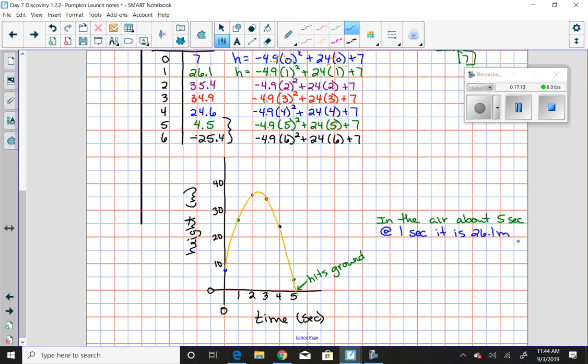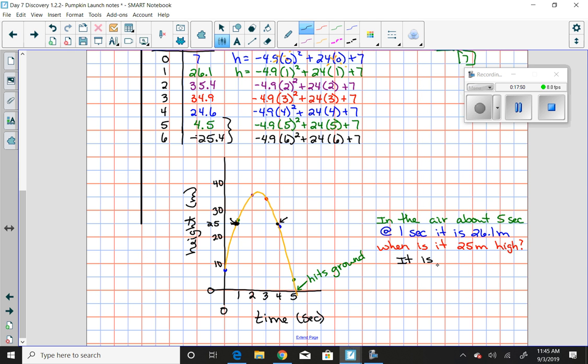I want to know, when was it at 25 meters? When is it 25 meters high? The best way to find this is to look at it on the graph. 25 meters, right? 25 is right here. So I want to know, when is this? A little bit before 1 second and a little bit before 4 seconds.